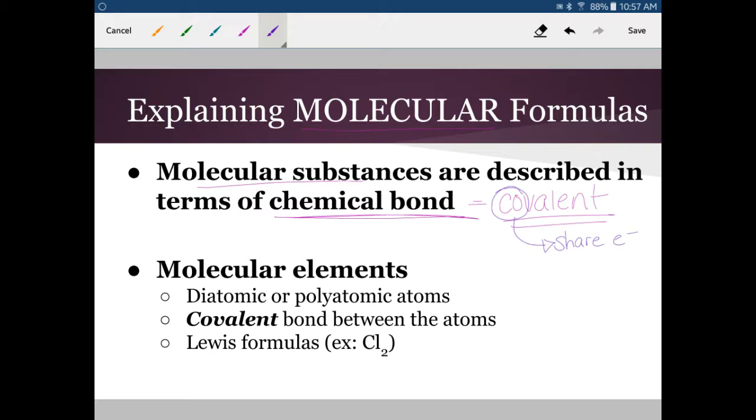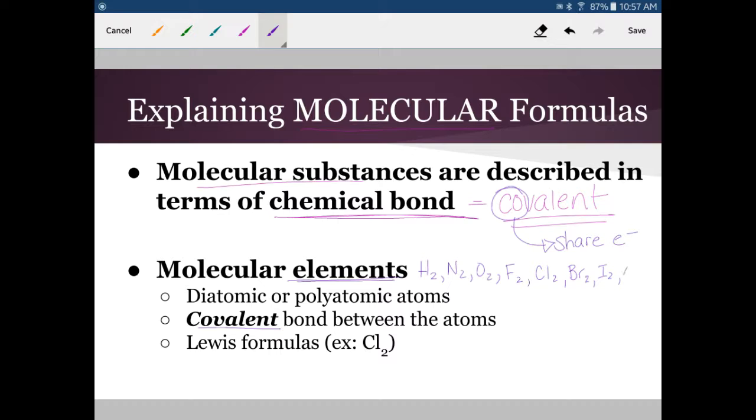Okay, so we have molecular compounds that can be of more than one non-metal in a compound. However, we can also have these things called molecular elements. Now we have diatomic or polyatomic atoms, and they have covalent bonds between the atoms. Let's look at our diatomic elements first. We have hydrogen, nitrogen, oxygen, fluorine, chlorine, bromine, basically any of the halogens, iodine.